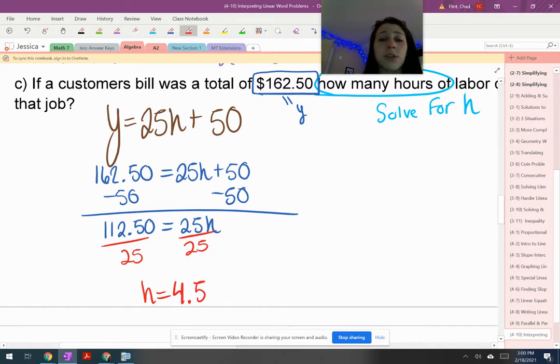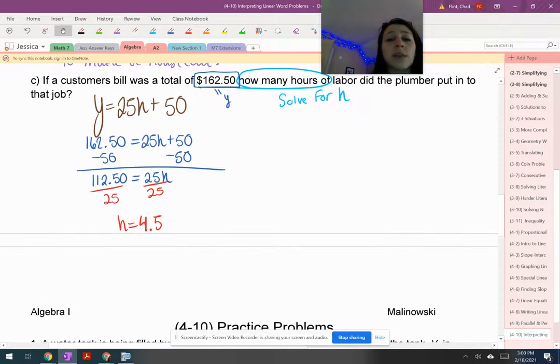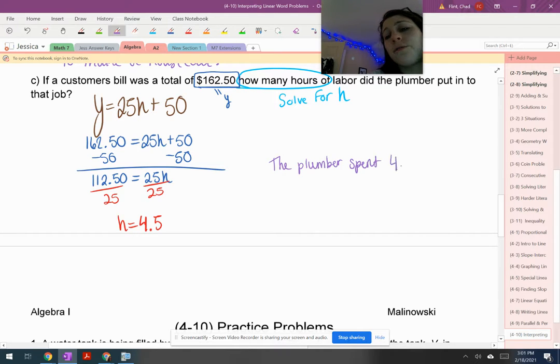So again, just get yourself an answer sentence explaining what that 4.5 means in this problem. And that would be, the plumber spent 4.5 hours at the house call.